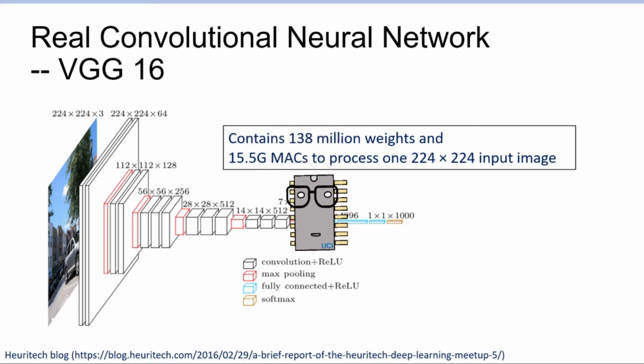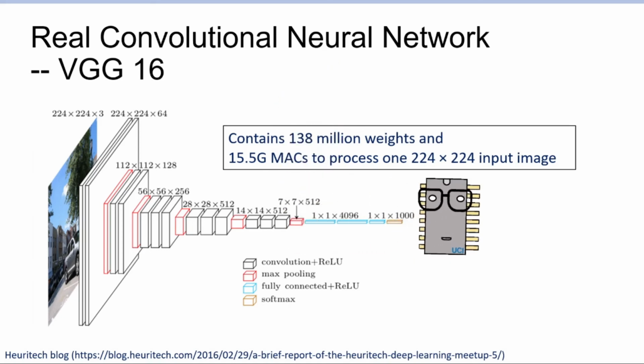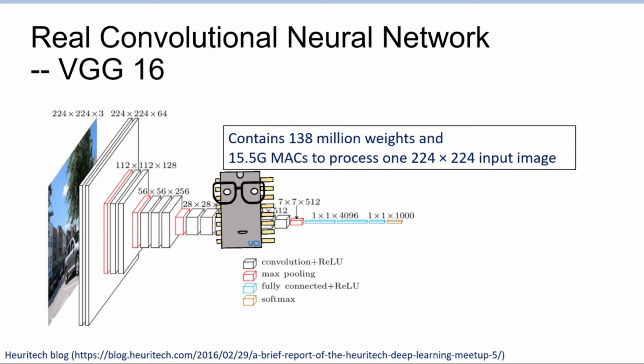And during the process of performing inference on a single 224 by 224 input image, it needs to perform 15.5 giga multiply accumulations. So about 30 giga floating point operations.